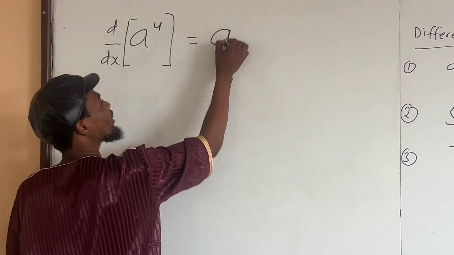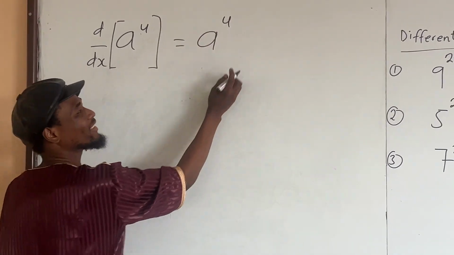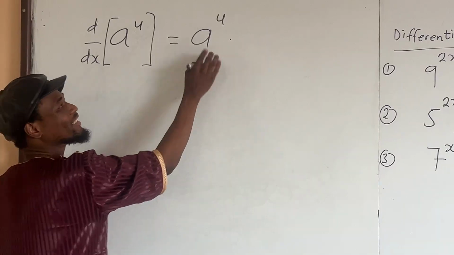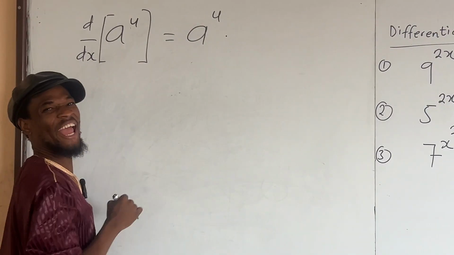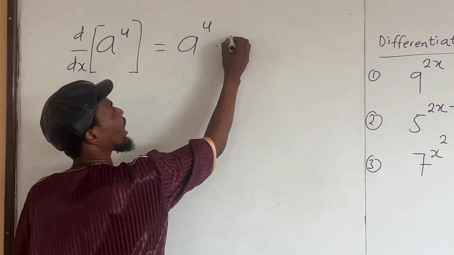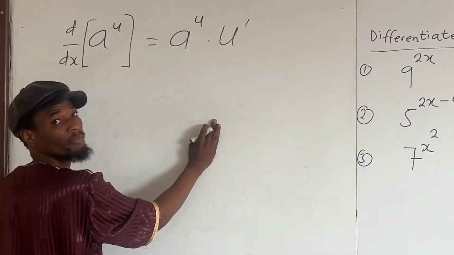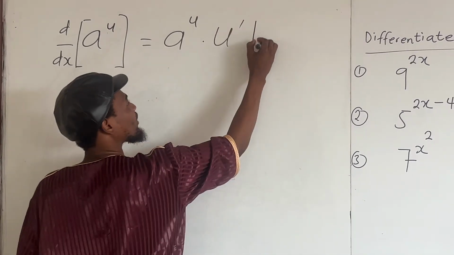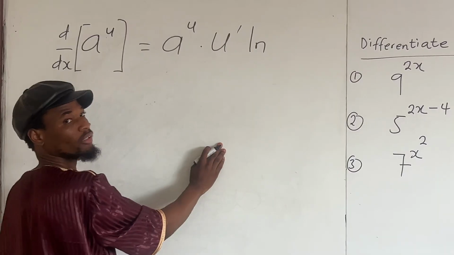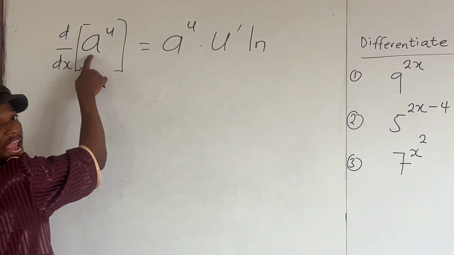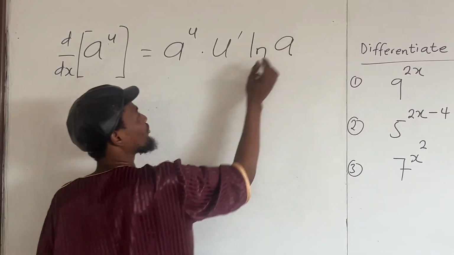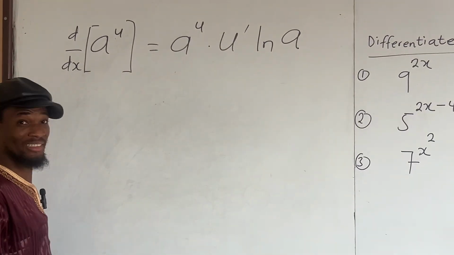So you have a raised to the power u, then times the differential of the exponent, which is u prime, then multiplying log of a. Viewers, as simple as that.